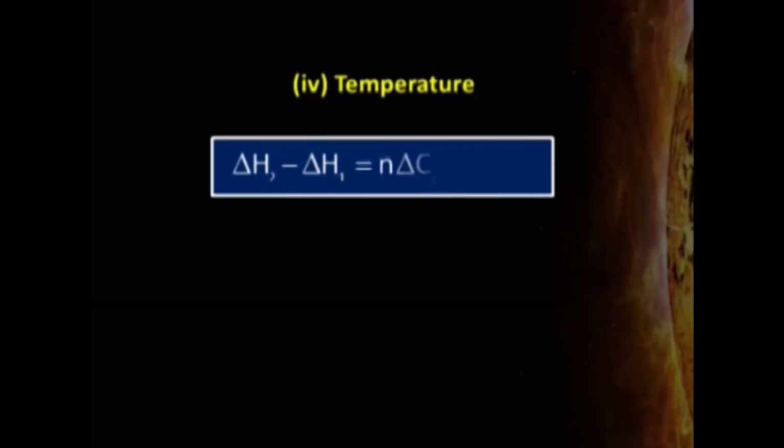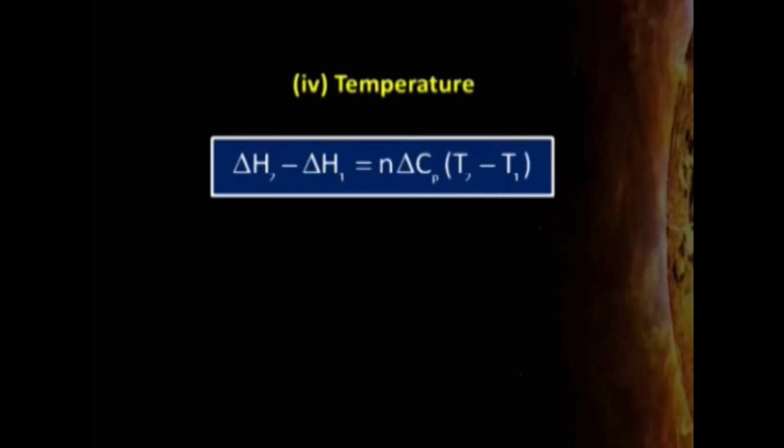Temperature is another very important factor which influences heat of reactions. Heat capacities depend on temperature, hence temperature is to be specified at which the reaction is carried out. Delta H2 minus delta H1 equals n delta Cp multiplied by T2 minus T1.